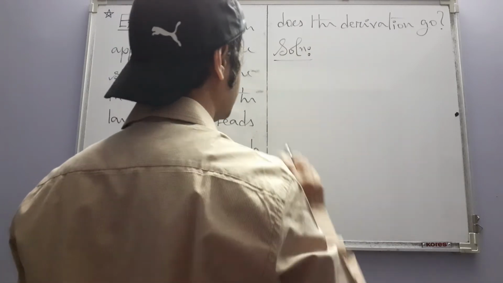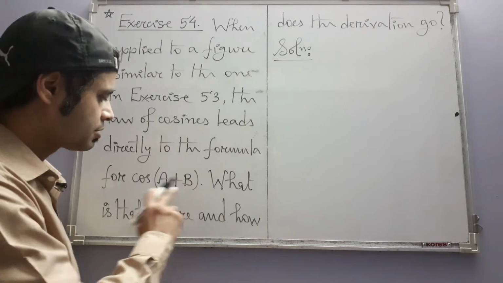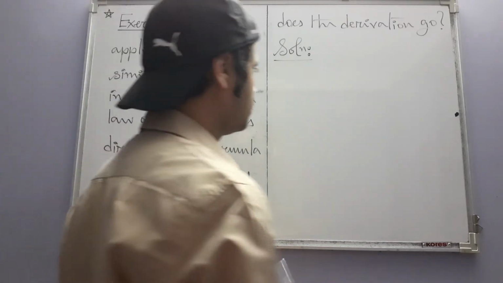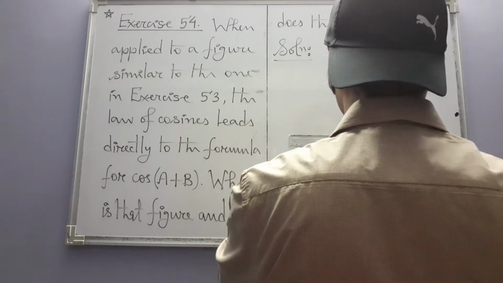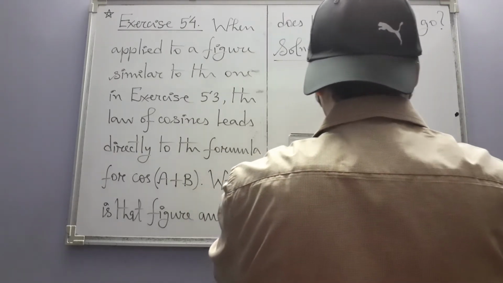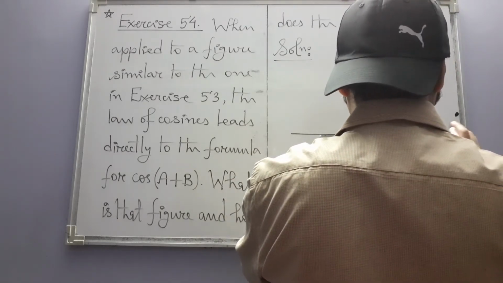Now, instead of the difference of two angles A and B, we have the sum. So, let's draw the unit circle, and then from that we will see where things go. So, this is our x-axis.